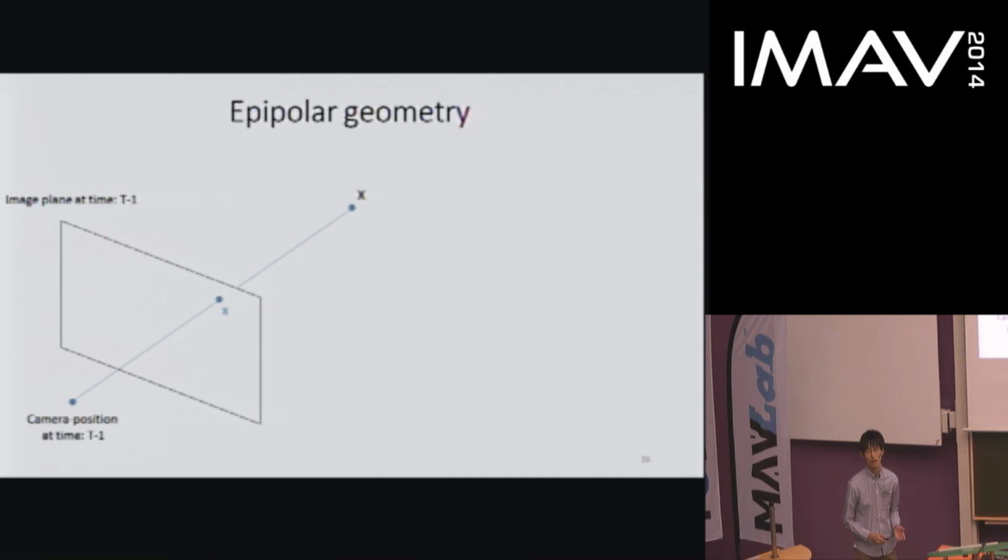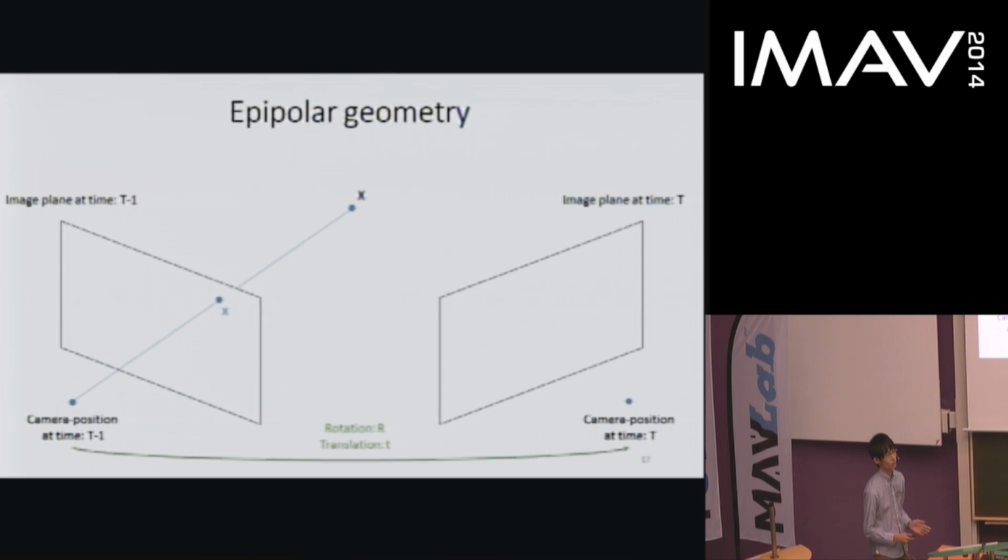Epipolar geometry is a kind of geometry in stereo vision. At first, the camera is located here, and it is looking at static point X. This small x is the location of the point X in the first image. And then, the camera moves.